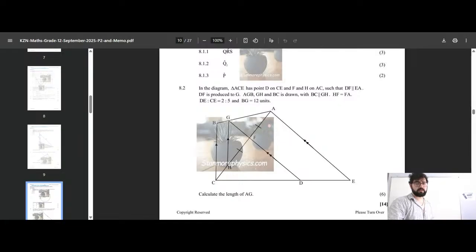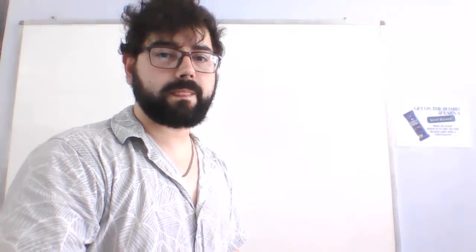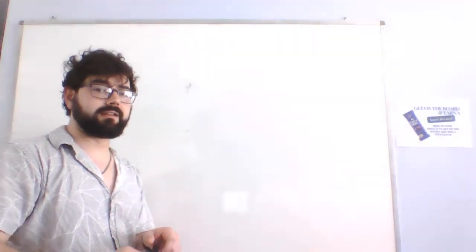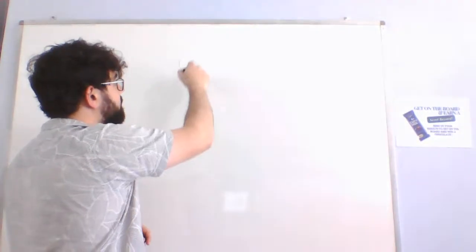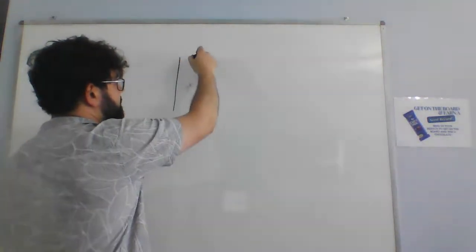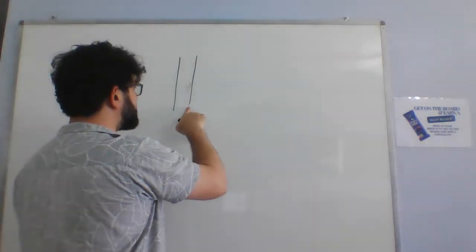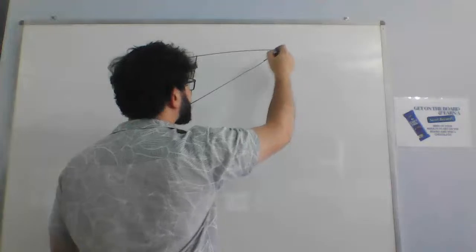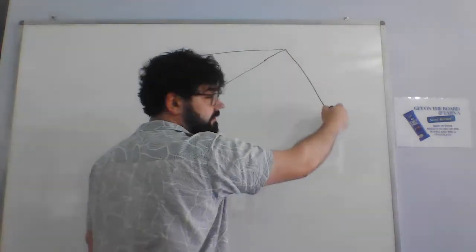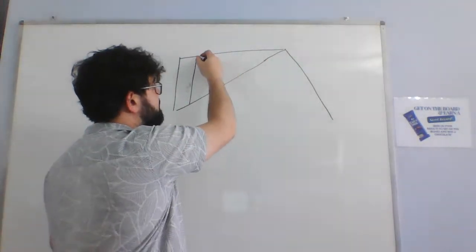Okay. Now I'm going to read all this quickly, and then we can work on that. Right, GH, BC, those two are parallel. We've got A, E, and GB.